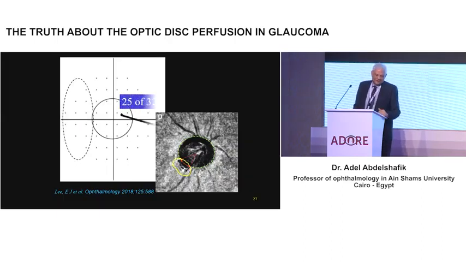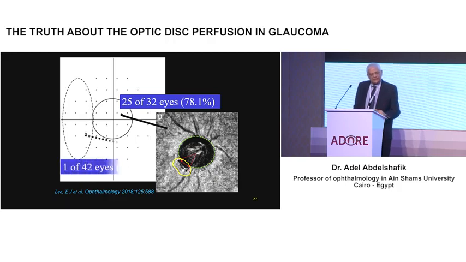And they found that when there was affection in the central 10 degrees, 25 out of 32 eyes, around 80%, had microvasculature dropout. On the other hand, in the group with the nasal area affection, only 1 out of 42 eyes had this microvasculature dropout.